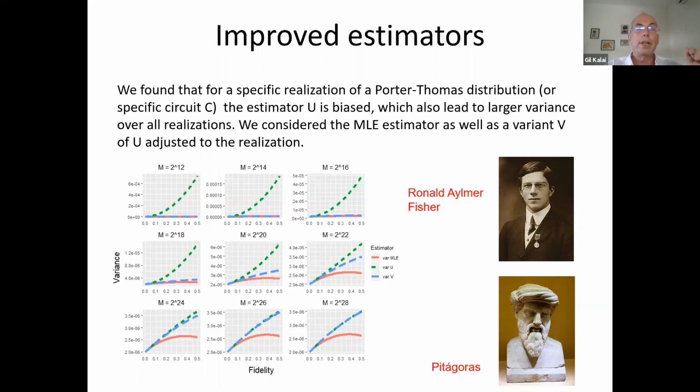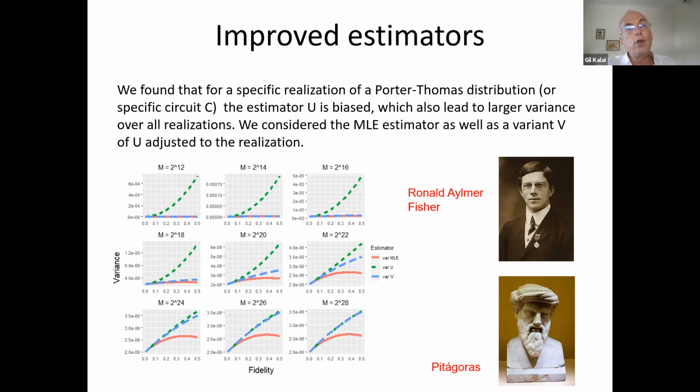Some of them are also mentioned in the Google paper. And you see here the picture in terms of the variance, how it depends on various parameters. Consistently, the maximum likelihood estimator, the famous MLE estimator that was much studied by Fisher, gives the optimal result here.